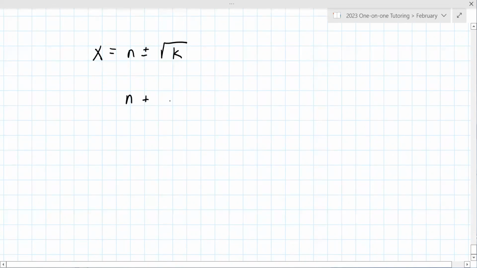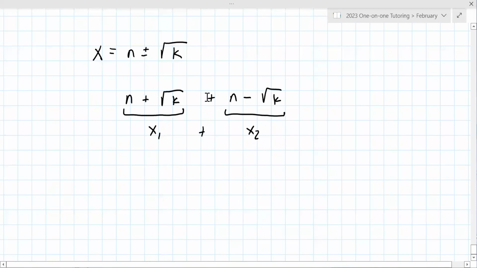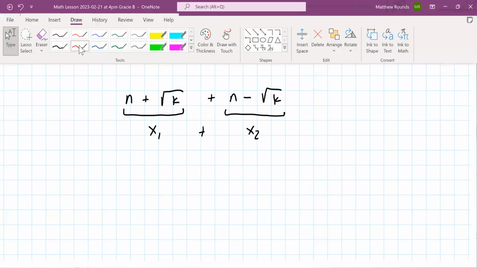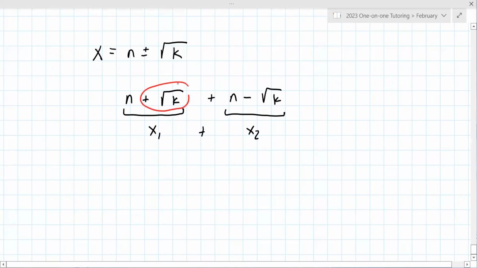If you take the two solutions, n plus the square root of k and n minus the square root of k, think of this as x1 and this as x2. If you add these together, what do you see that cancels each time? The square root of k. Yeah, that part.